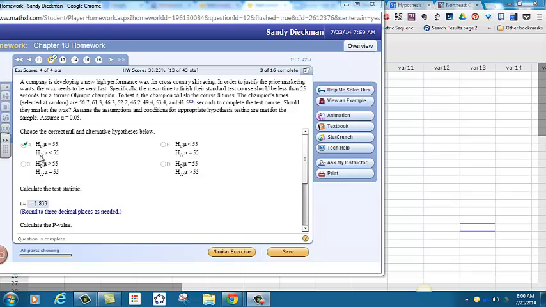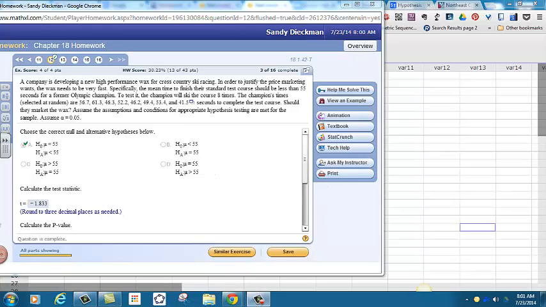So letter A would be my alternative hypothesis. My null hypothesis is that the population mean equals 55 seconds, and the alternative hypothesis is that the population mean is less than 55 seconds.